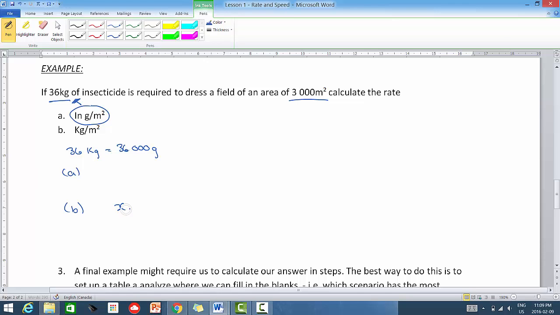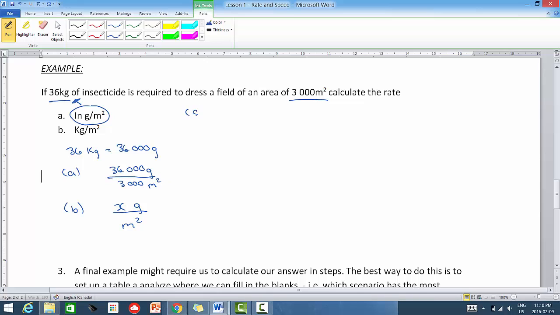So this one's going to be x grams per meter squared. And the ratio that we're given, we're going to take our 36,000 and we have our 3,000 up here, 3,000 meters squared.